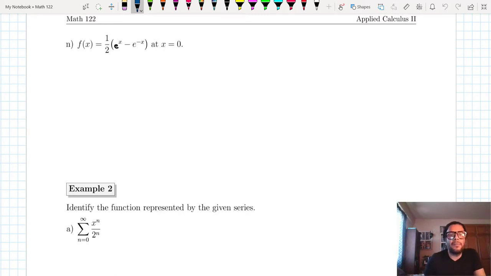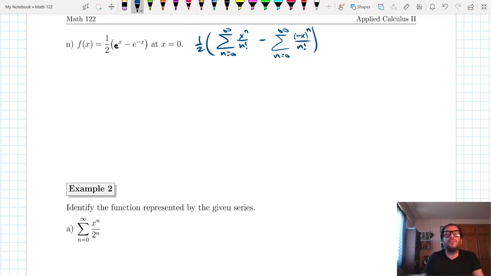I'm going to have 1/2 times the series representation for e to the x, which is simply x to the n over n factorial, n starting at 0 to infinity, minus sigma n equals 0 to infinity of negative x to the n over n factorial. I know you might want to distribute the 1/2, but I'm not going to, because it's going to cancel a few steps further.